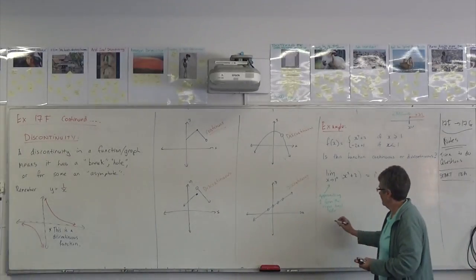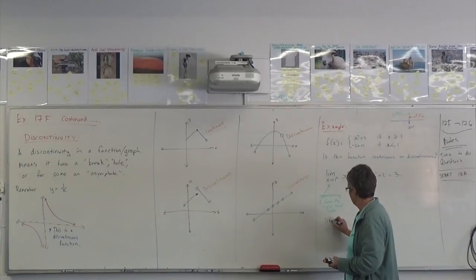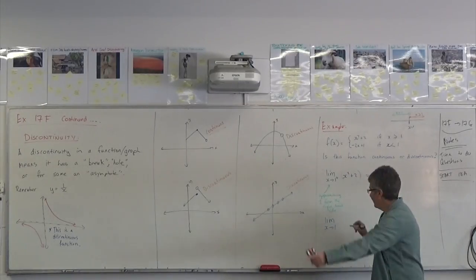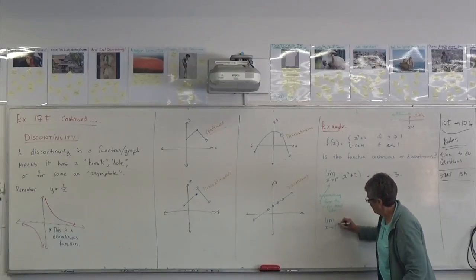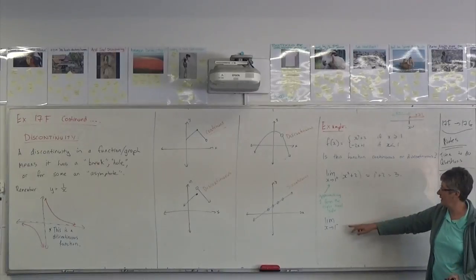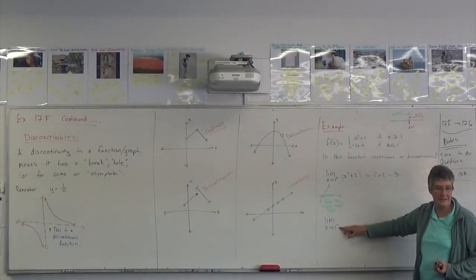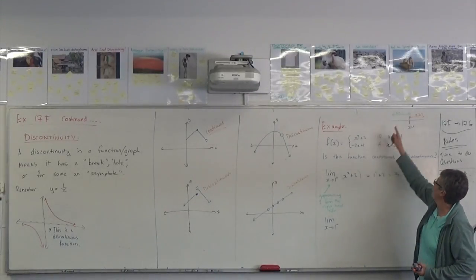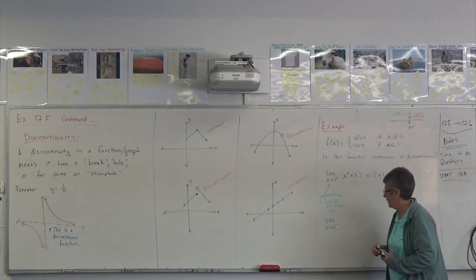So I'm going to do the limit as x approaches 1, but from the left-hand side, so I'm going to put a minus there. So it's not minus, this is saying from the left-hand side, this side. Okay?